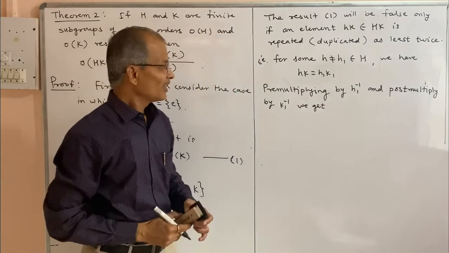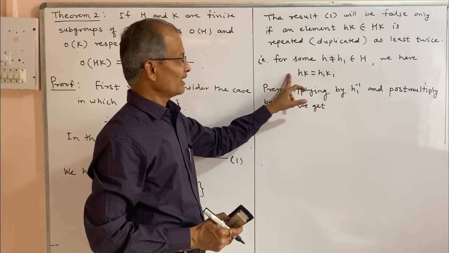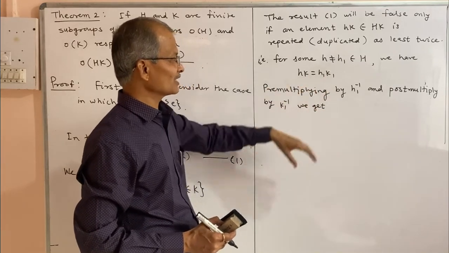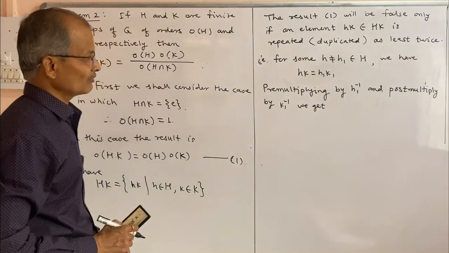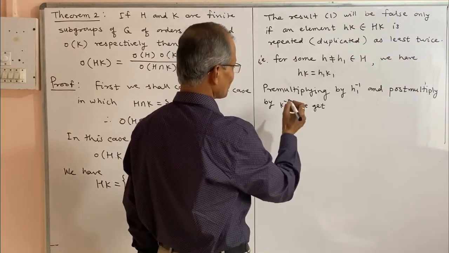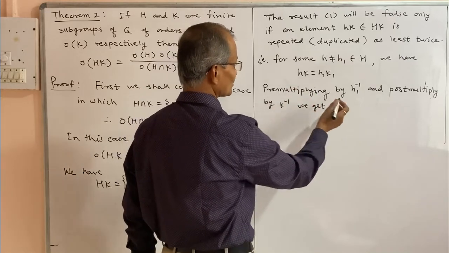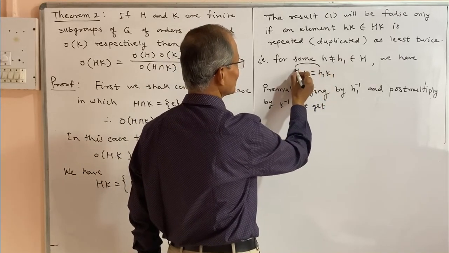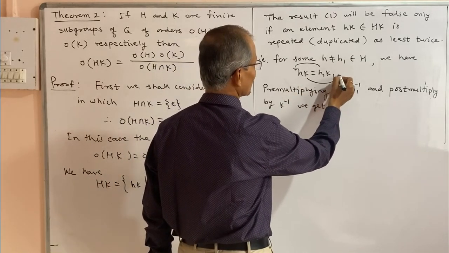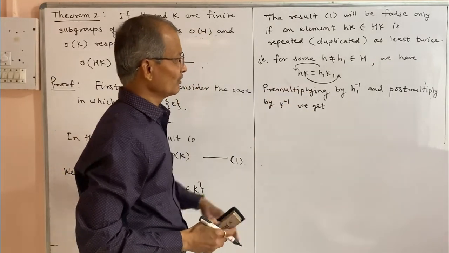Pre-multiply by h1 inverse means h1 inverse is to be transferred to this side, and post-multiply by k1 inverse means this k1 inverse is to be transferred to the other side. So we shift h1 on this side and k1 on the other side, or we may perform these steps separately and we will get like this.